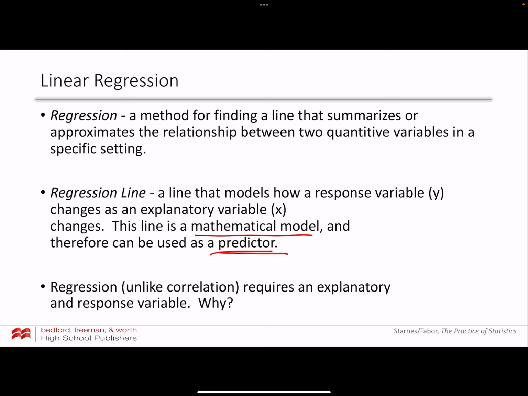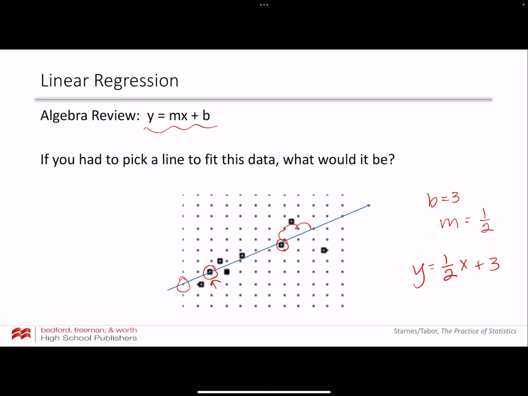So basically, it's a mathematical model, kind of like what we talked about with density curves. It's kind of a summary. It's summarizing the relationship. Now, regression requires an explanatory and response variable. Think about why. Let me go back. Here in this case, I wrote my equation of the line based upon these points being plotted.